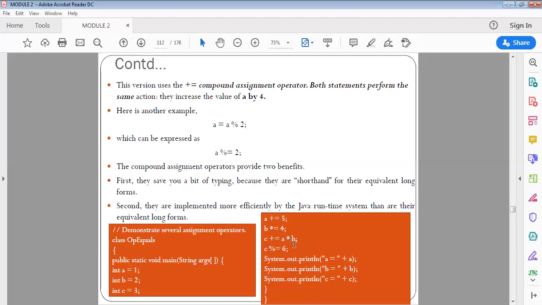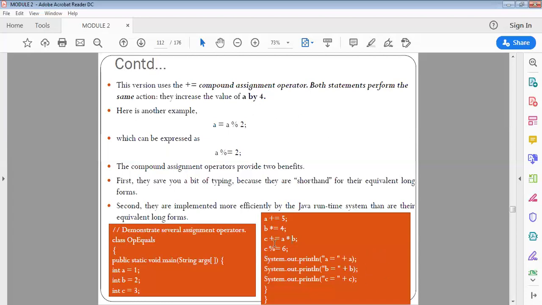Now you have to keep in mind that after these two expressions, a will contain 6, b will contain 8. So now you come for c. c is equal to a, which contains 6, and b contains 8. So 6 star 8, 48. 48 is to be added with the c value. 48 plus 3 is equal to 51.